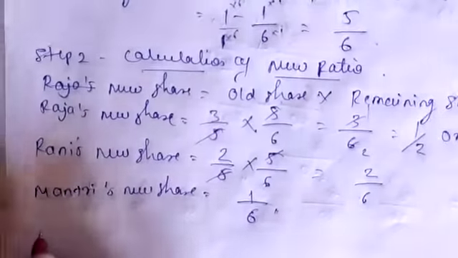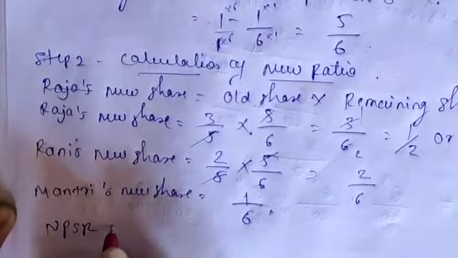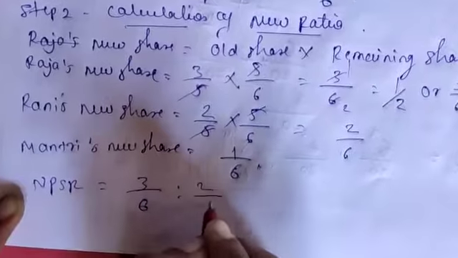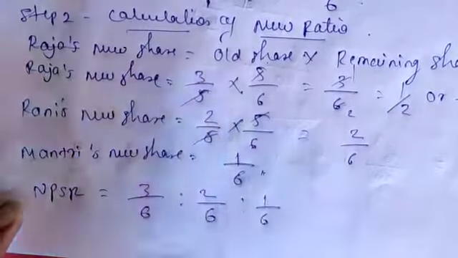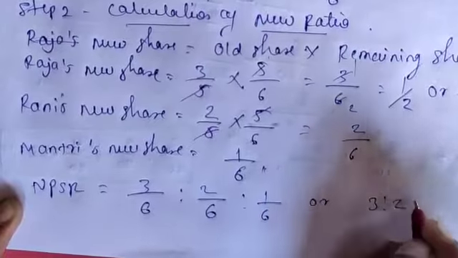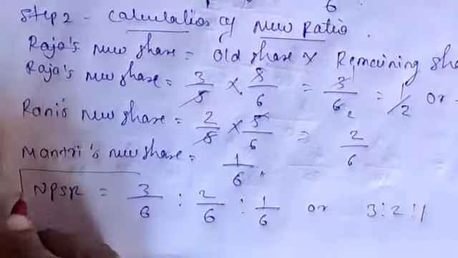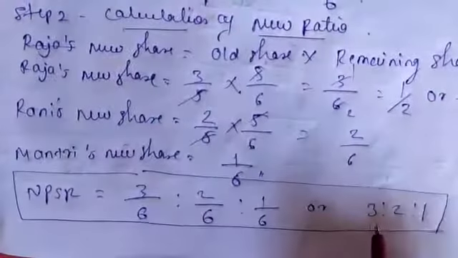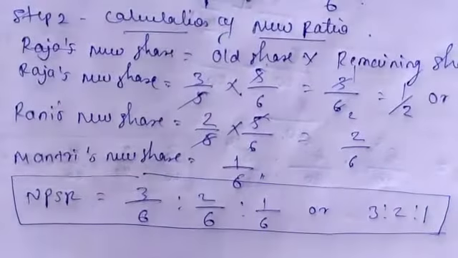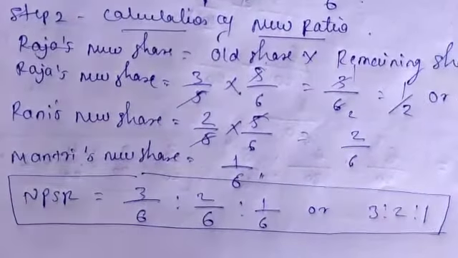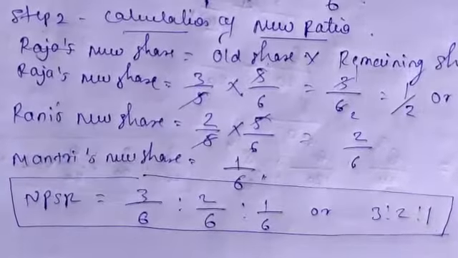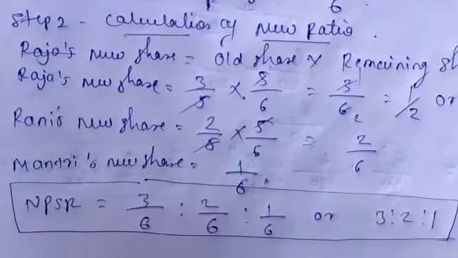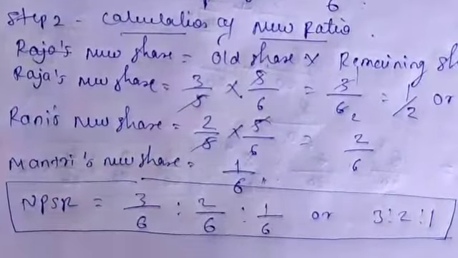Now NPSR becomes the NPSR of all partners. NPSR equals 3 divided by 6 : 2 divided by 6 : 1 divided by 6, or 3:2:1. This is the NPSR calculation of all partners including the new partner. So the only thing different is that you should calculate the remaining share in this case, with 1 minus the new partner's share. After that, with the remaining share you got, you calculate the new share by multiplying the remaining share with the old share.